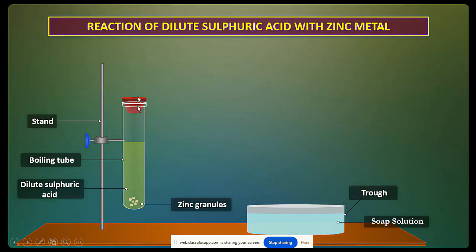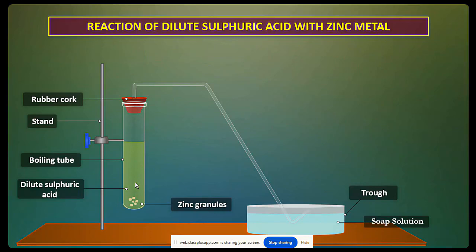And then place a delivery tube or a glass tube so that it can immerse into the water to form soap bubbles here. Place the delivery tube here so that the gas which is liberating from this reaction, whenever these zinc granules, metal pieces, react with acid, dilute sulfuric acid.